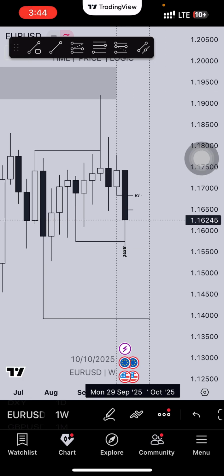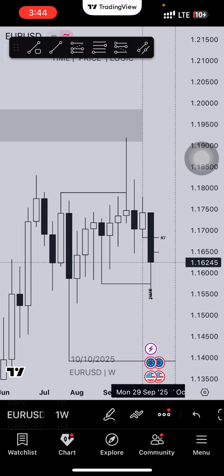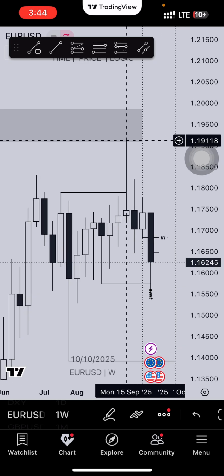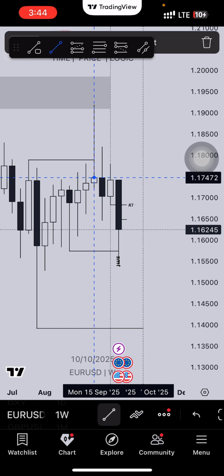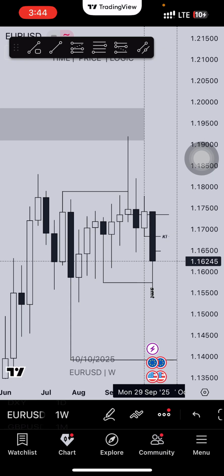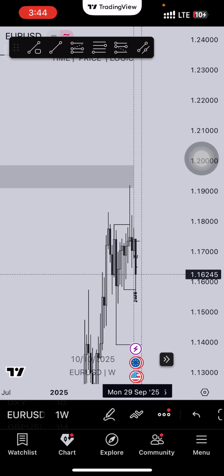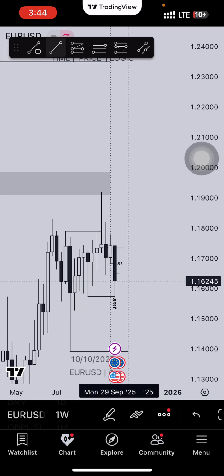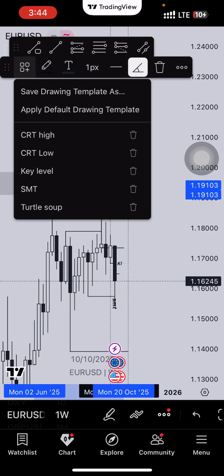Just like the sequence for CRT, we have the turtle soup right here. We have model 1 right here, as you can see. Okay, let me just mark it out for you guys. So we have turtle soup, it took out these highs.